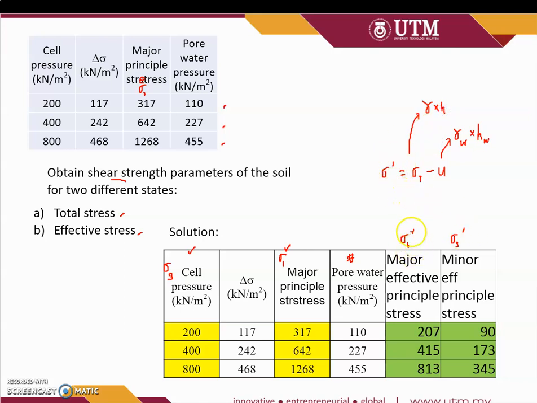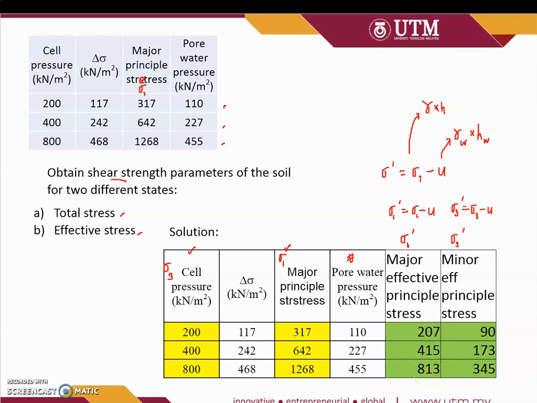So stress 1 prime is stress 1 minus U, the pore water pressure. Similarly, stress 3 prime is stress 3 minus U. I already calculated and got these values.